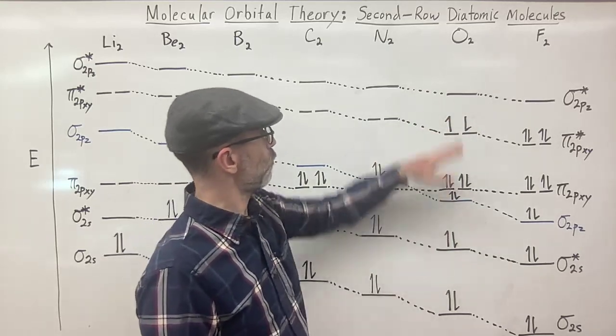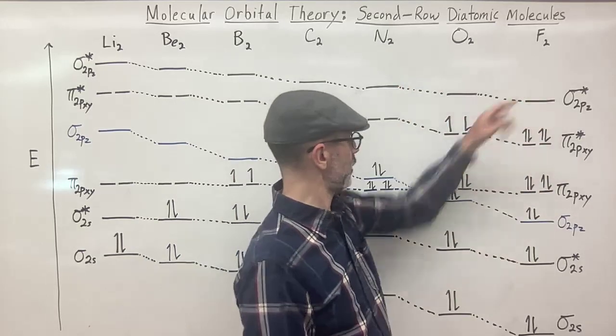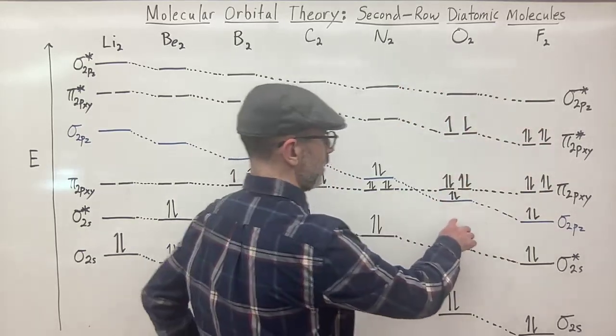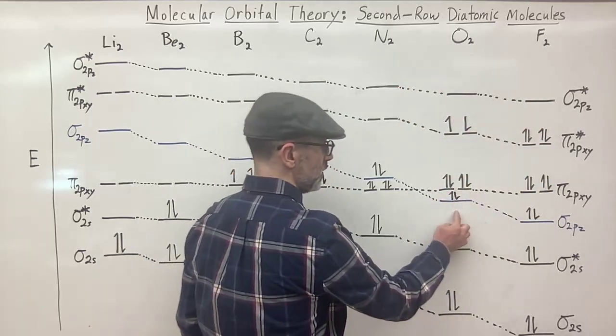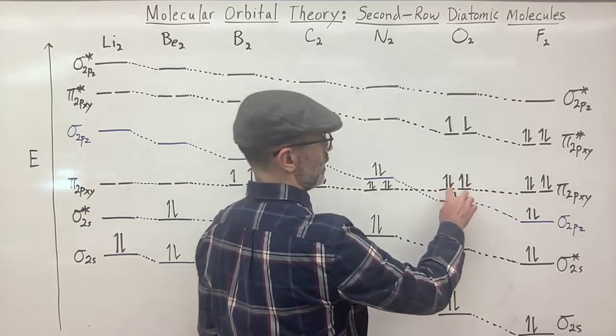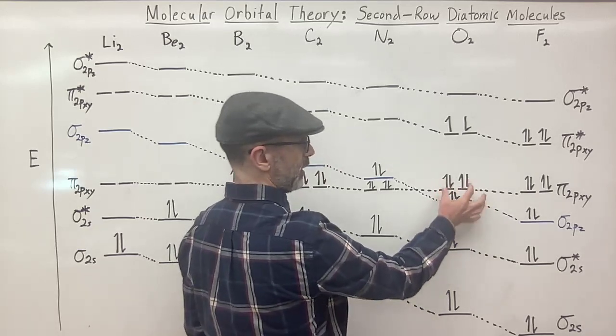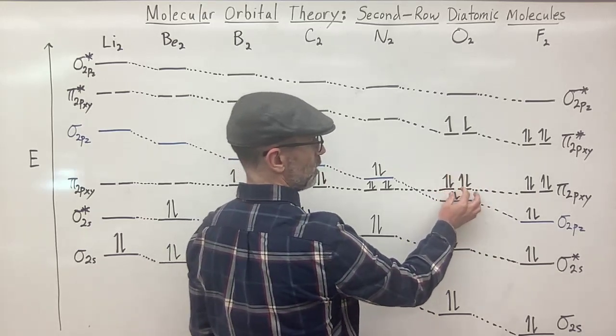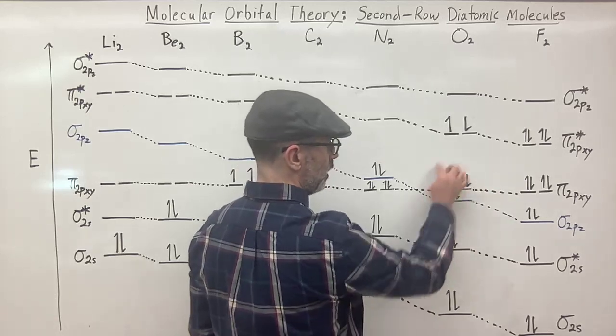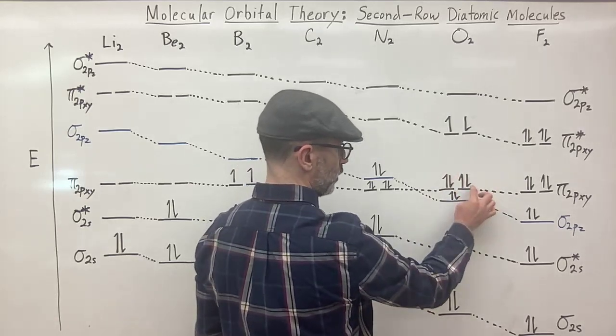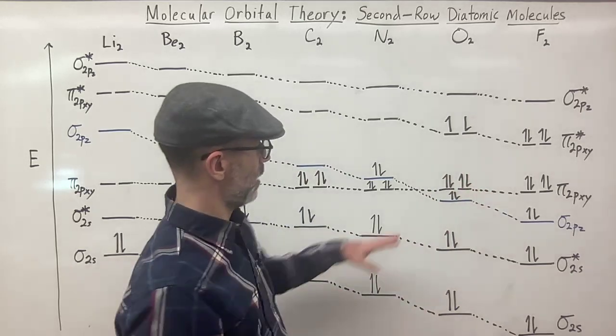And here, for the oxygen and the fluorine, you can see that the sigma 2pz is lower in energy than the pi 2px and the pi 2py molecular orbitals, and we saw that earlier.